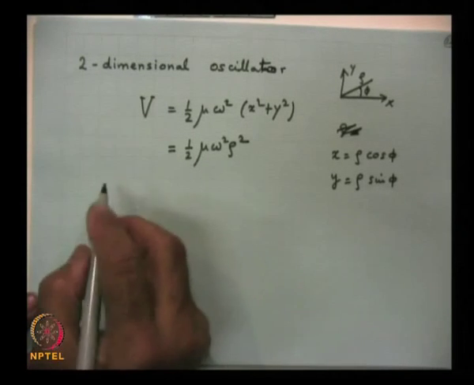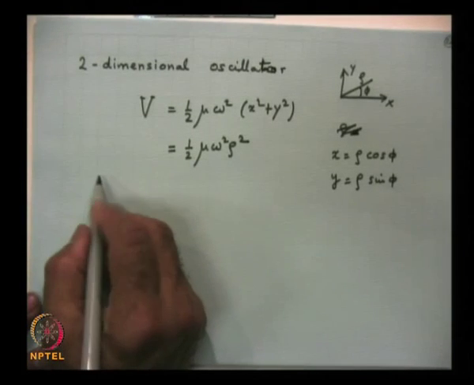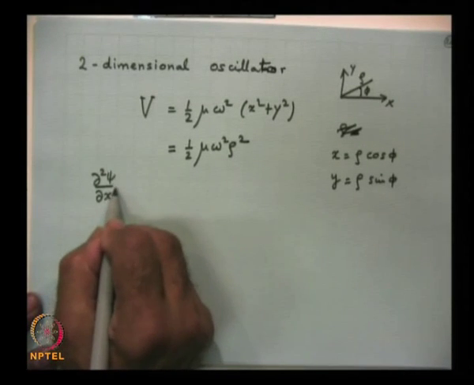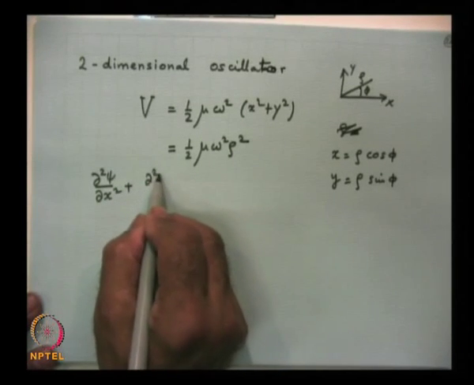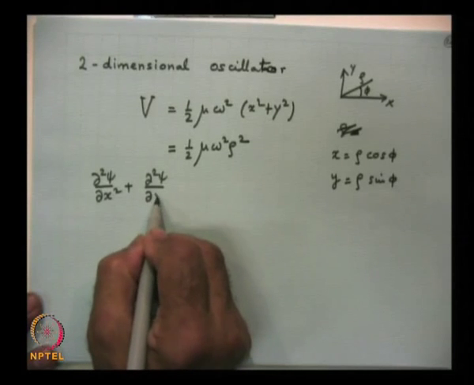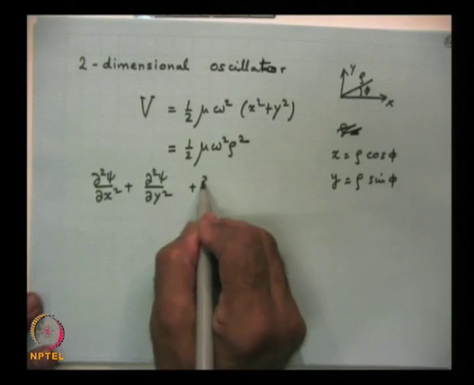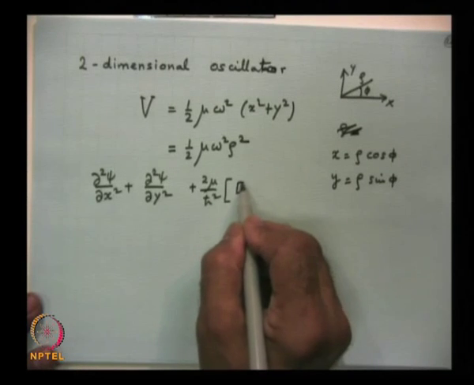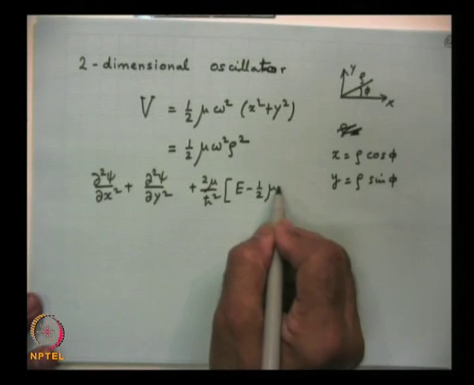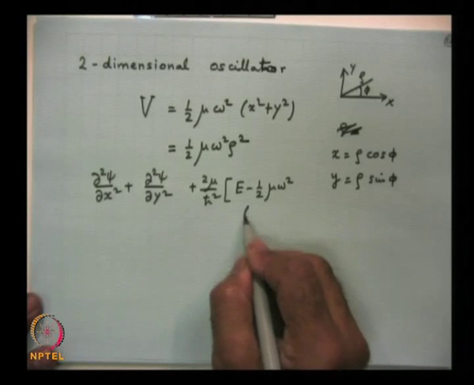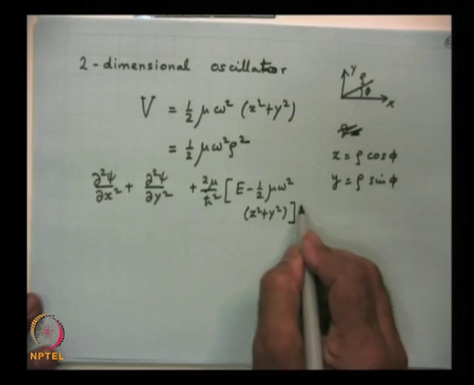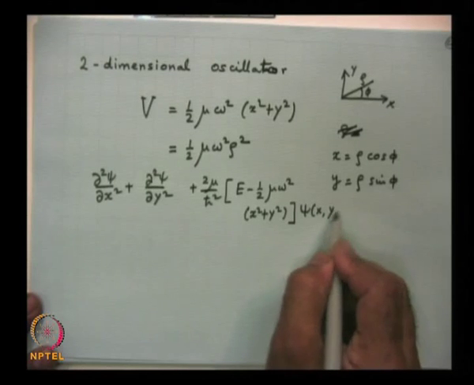So, the Schrodinger equation in two dimensions: either I can write this down as delta 2 psi by delta x square plus delta 2 psi by delta y square plus 2 mu by h cross square times E minus half mu omega square multiplied by x square plus y square, psi of x y, is equal to 0.